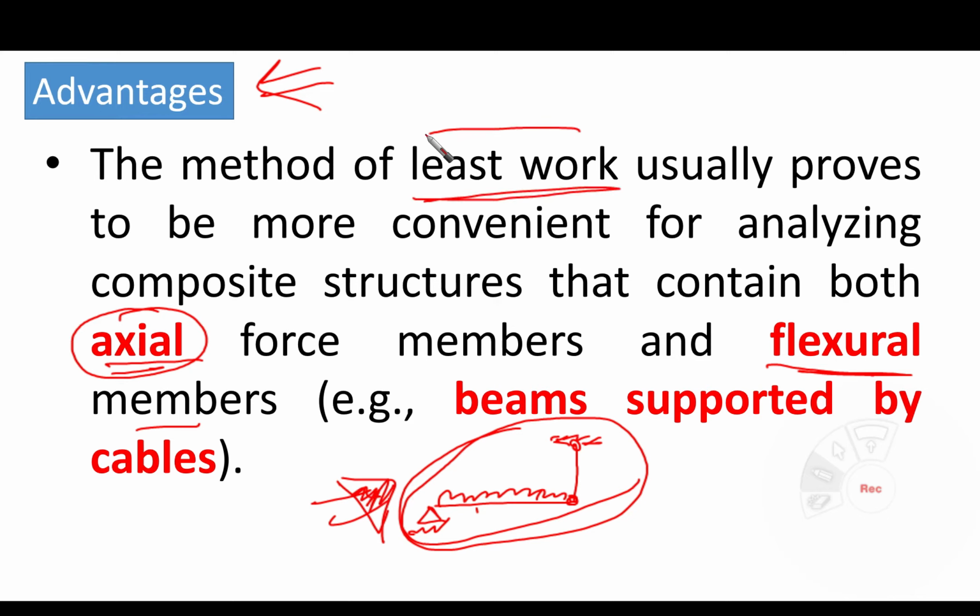So it fits the least work method well. This is the main advantage of the least work method: for systems containing axial straining action members and flexural straining action members, it works well.